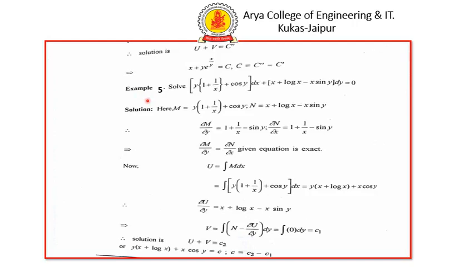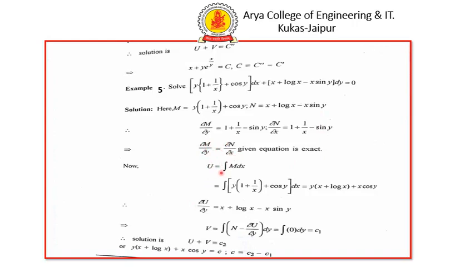Example number 5. Again we use the alternate method for solving exact differential equations. Here the equation is in the form of M dx plus N dy equals 0, with M the coefficient of dx and N the coefficient of dy. We calculate del M upon del y and del N upon del x. Del M upon del y equals del N upon del x, so the equation is exact.